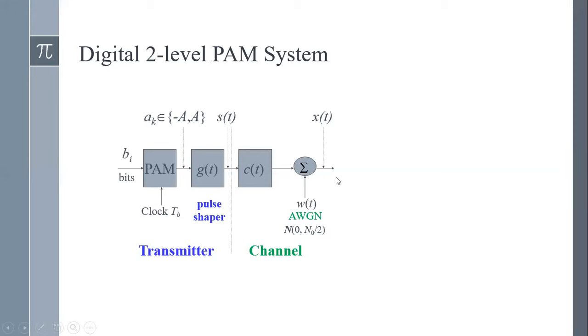After that, in the receiver portion we need to decide what the actual pulse is. That means the pulse sent as S of t is received in the receiver, and the matched filter determines the shape of that pulse. So the matched filter is used to understand the shape of that pulse.